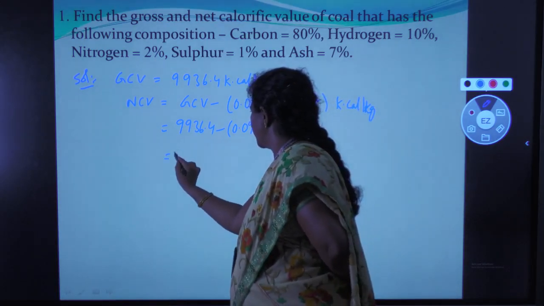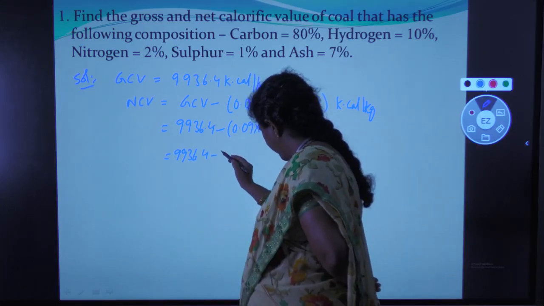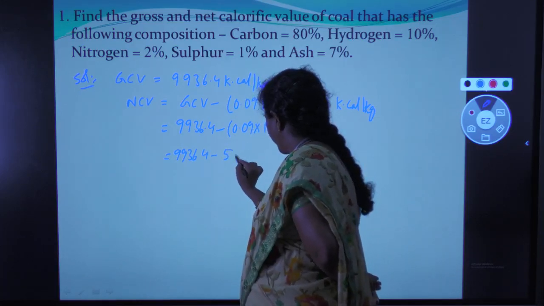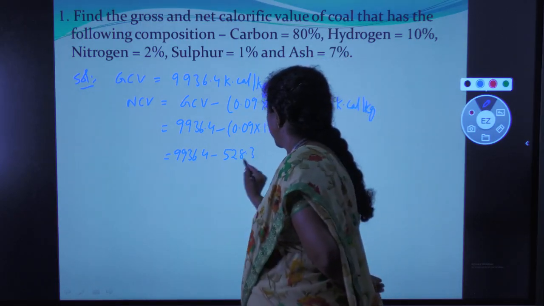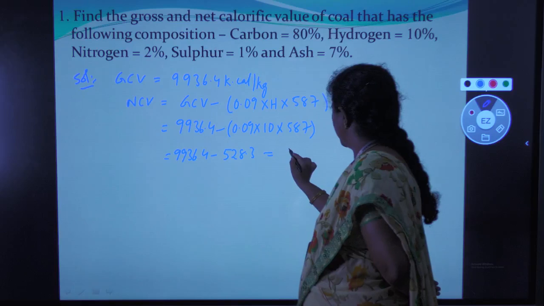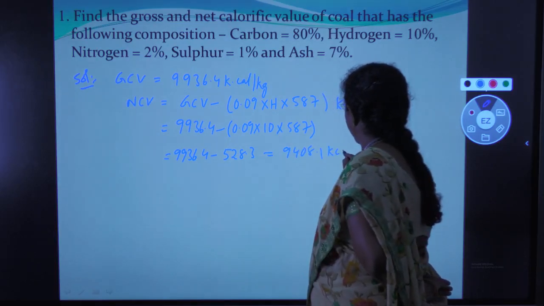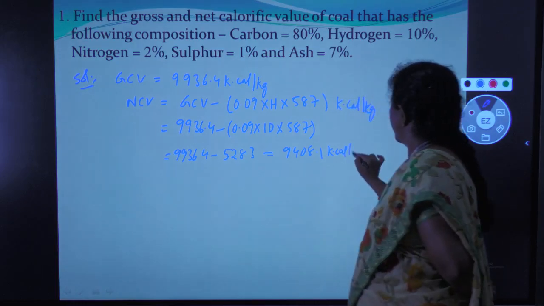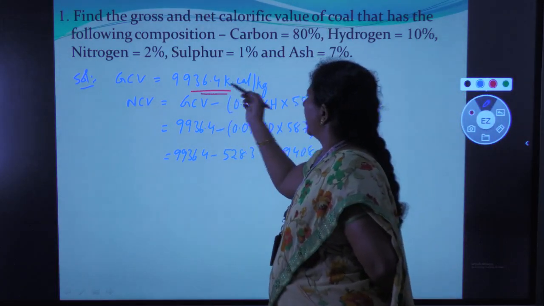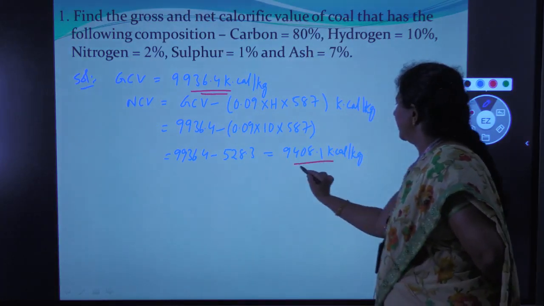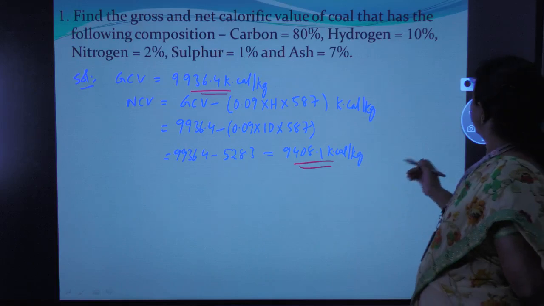So this is equal to 9936.4 minus 528.3, which is equal to 9408.1 kilocalorie per kilogram. So this is the gross calorific value and this is the net calorific value of the given fuel.